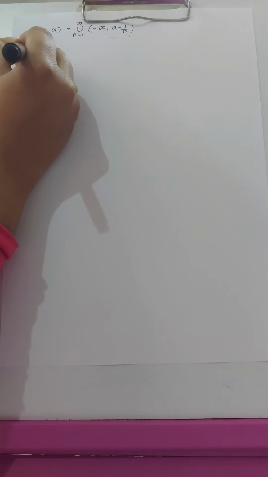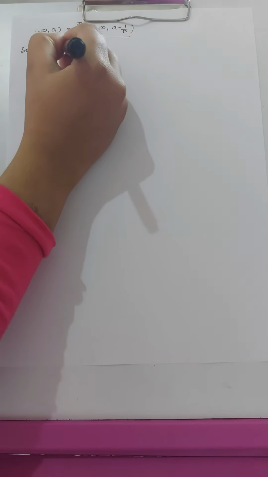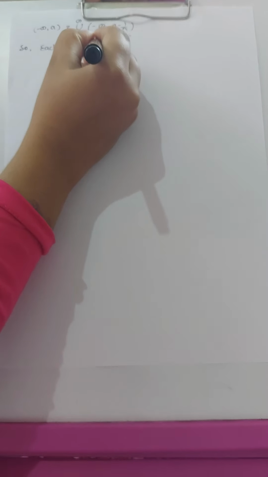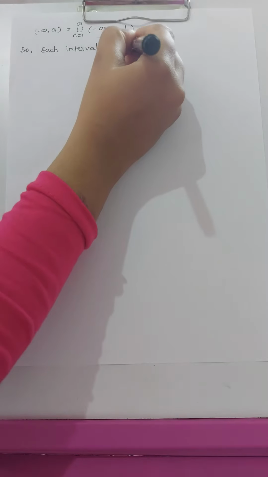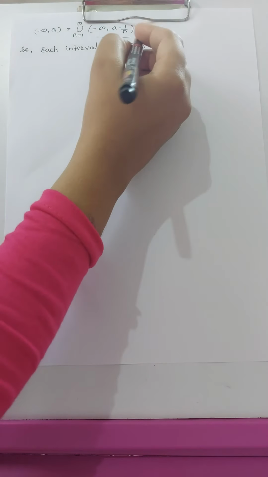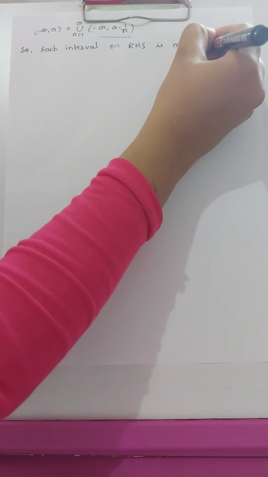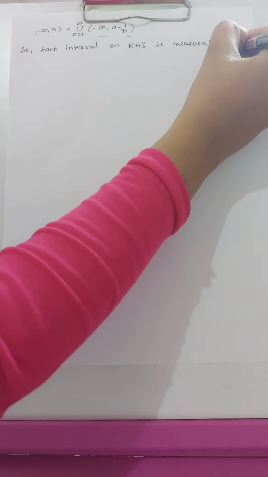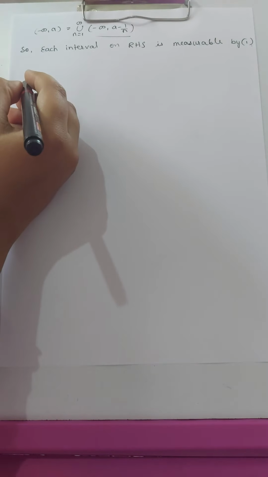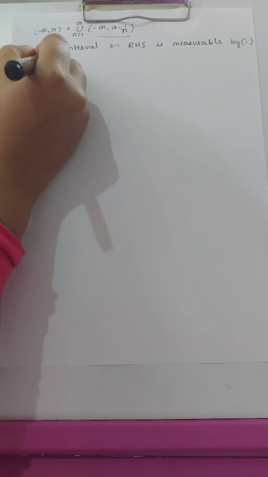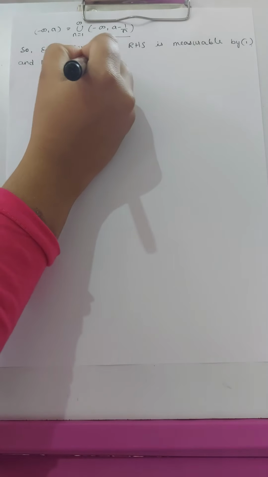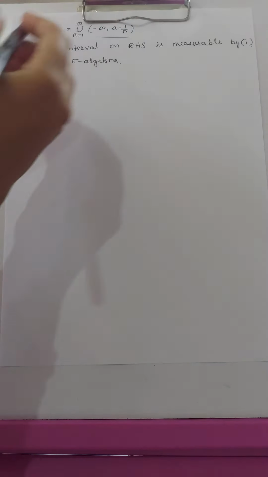So each interval on the right hand side is measurable by the first, and also we know that M is a sigma algebra, and since M is a sigma algebra, it is an algebra of sets, and hence the countable union of measurable sets is also measurable.